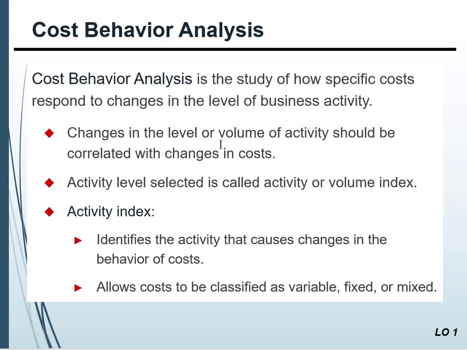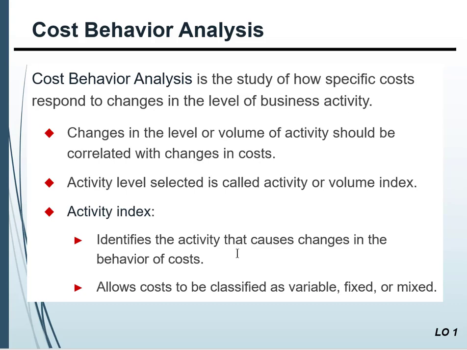So the changes in level, that's what we're interested in understanding, right? When the level of business changes, how does that affect the total cost of the company? So we're going to be referring to something as activity level, and we're going to refer to that as either the activity index or the volume index.